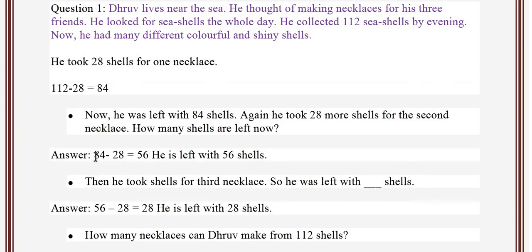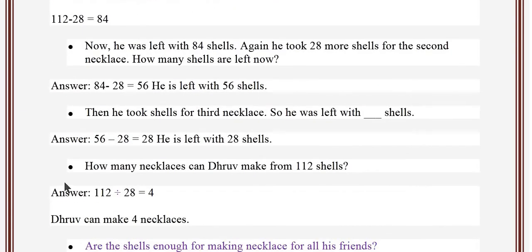So the answer, 84 minus 28 is equal to 56. He is left with 56 shells. Then he took shells for the third necklace. So he was left with dash shells. Answer part, 56 minus 28 is equal to 28. He is left with 28 shells.